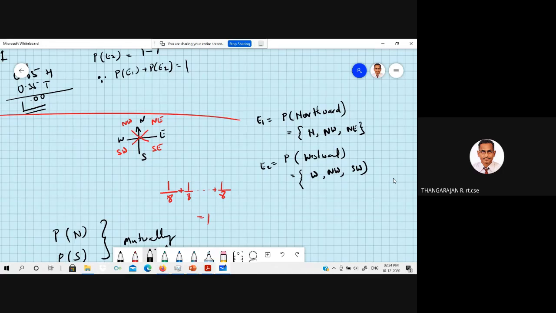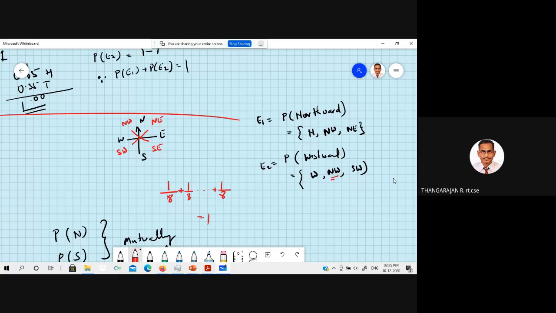Now tell me, are these two events, E1 and E2, exclusive? E1 and E2 are not exclusive. Why are they not exclusive? Because in the northward direction you find north, northwest, northeast, and in the westward direction, west, northwest, and southwest.